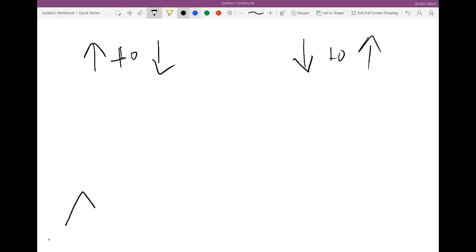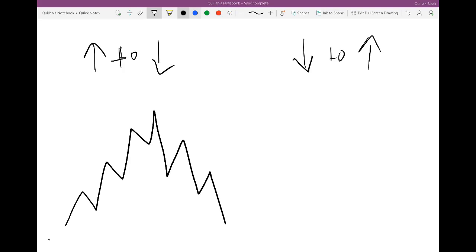So this right here is the overall transition of phases. This right here is an uptrend to downtrend, and a downtrend to uptrend. Okay, so we have our uptrend right here, break of structure, downtrend.